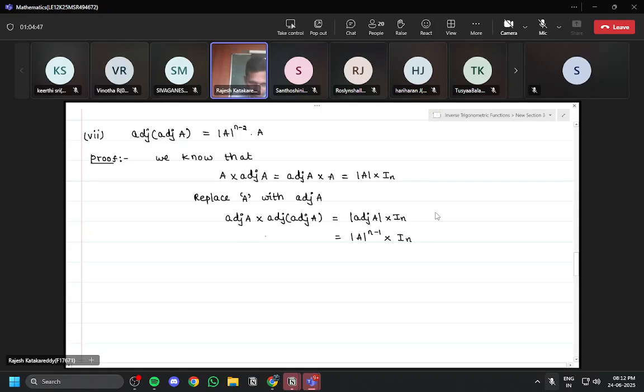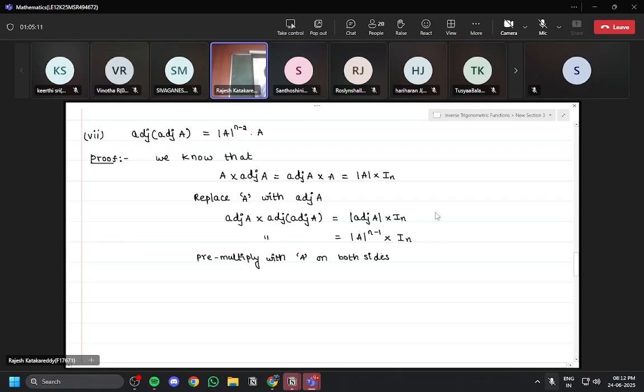Next, pre-multiply with A on both sides. I am picking the pre-multiplication in such a way that I should use this theorem.